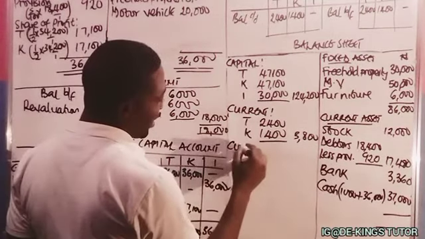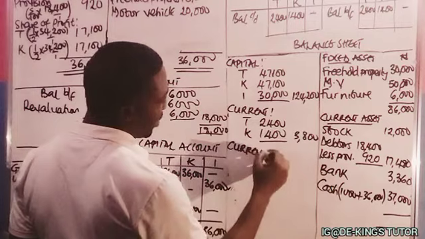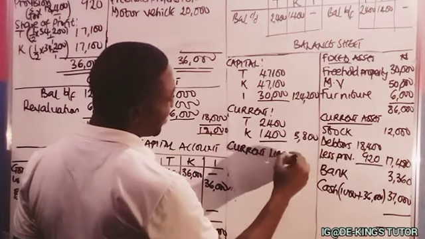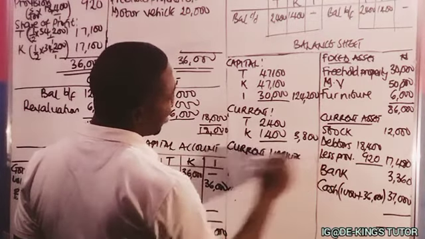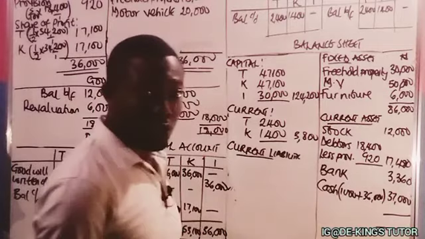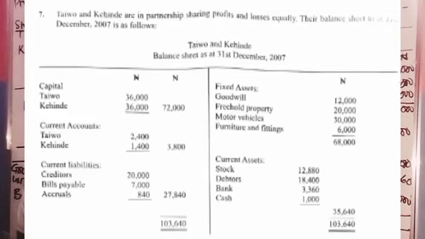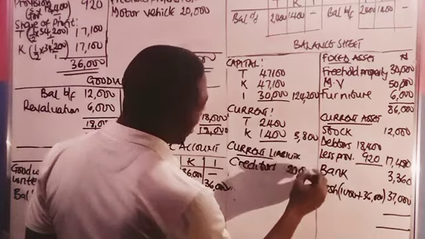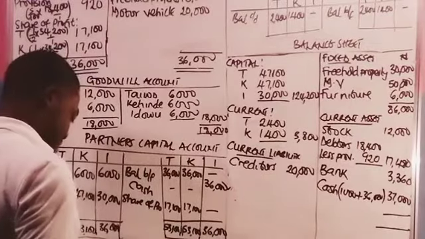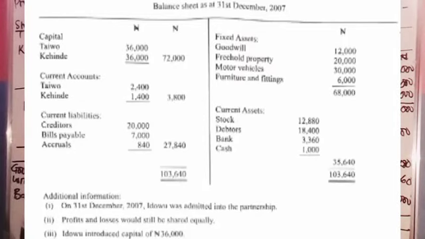Now our current liabilities were not revalued, so we'll just write the book value there. The first one there is the creditors. And the creditors there is what? 20,000. Okay. The next one there is the bills payable.